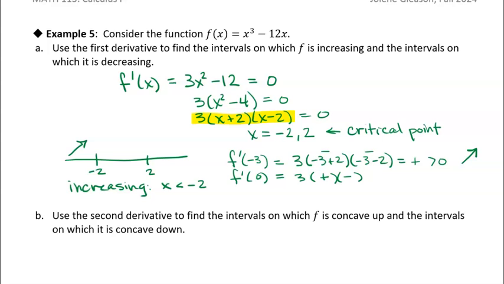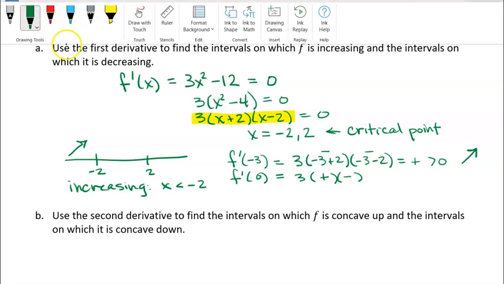This is the derivative, just in factored form. That's what I'm using to find the sign, and that's usually the easiest way to evaluate the derivative if you only care about the sign.